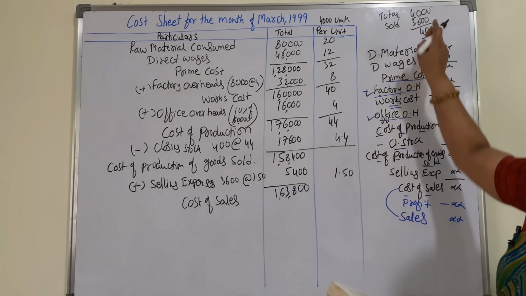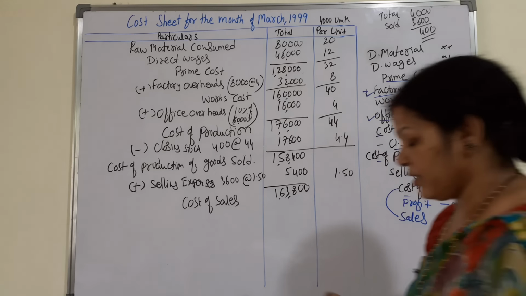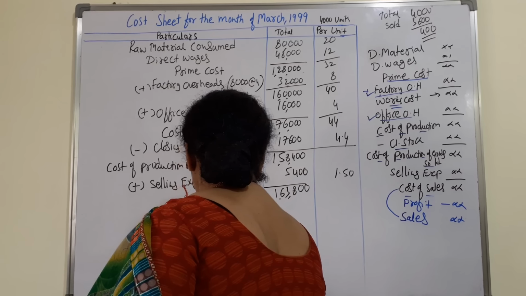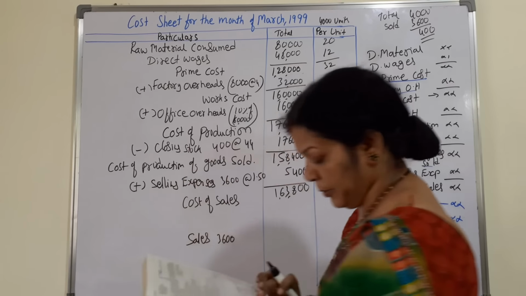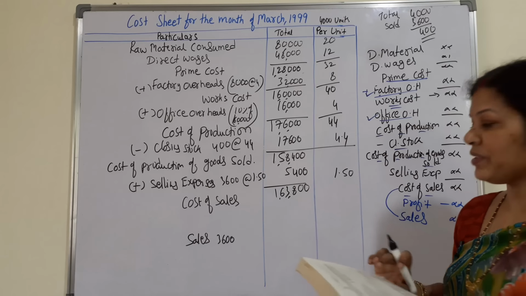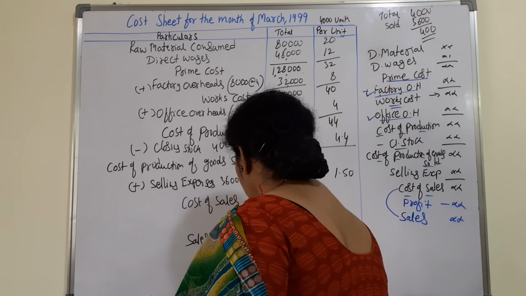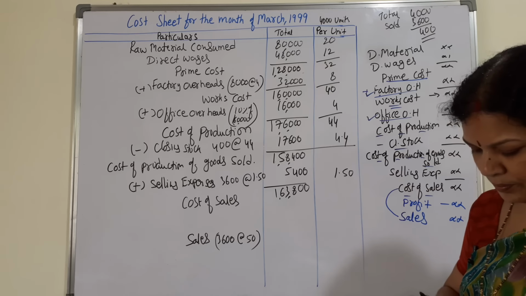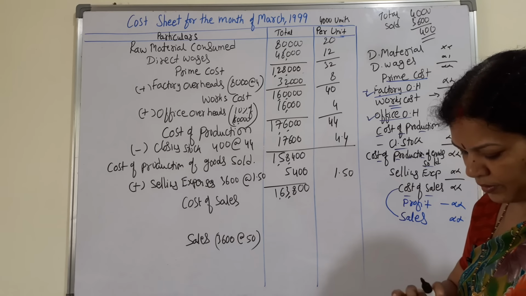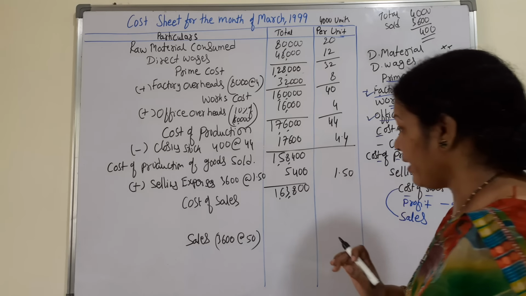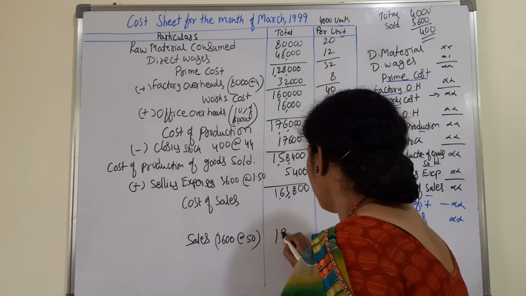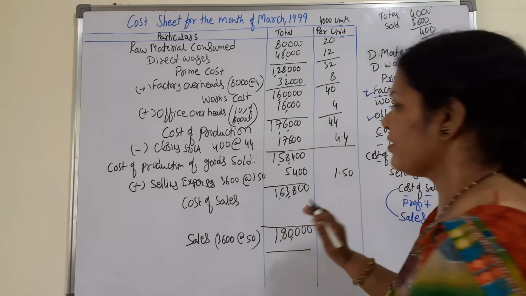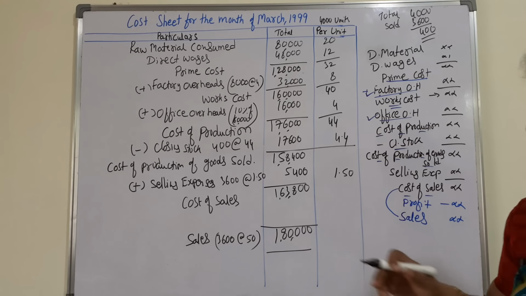They sold 3,600 goods, at the rate of 50 rupees each. 3,600 into 50, you will get 1,80,000. Sales is this much. Now what is the profit?